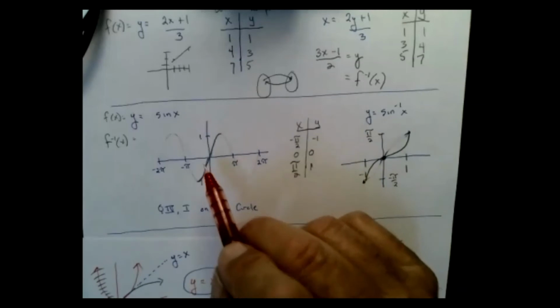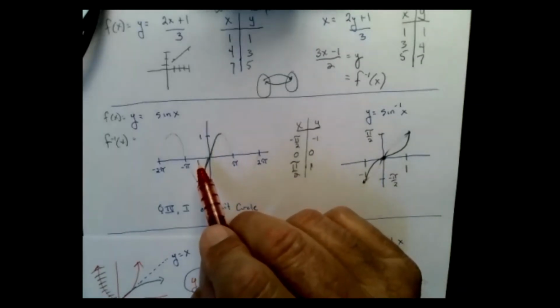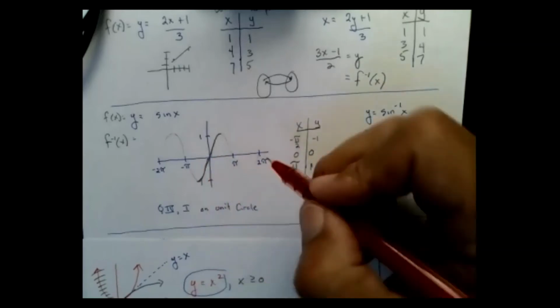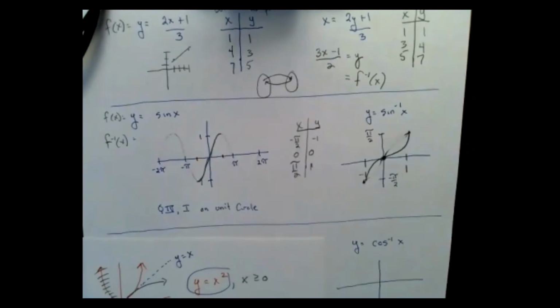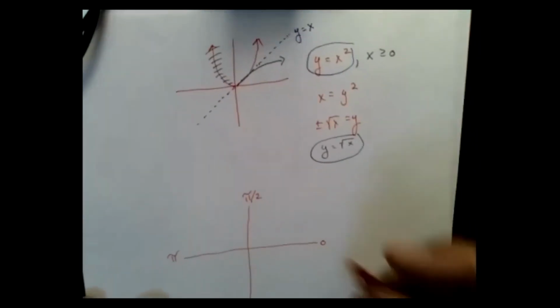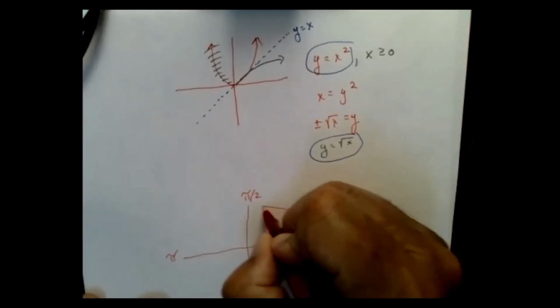So I'm thinking about the unit circle, and I'm looking at the values from -pi/2, because it's right here, to +pi/2. I'm taking my values from -pi/2 to pi/2.